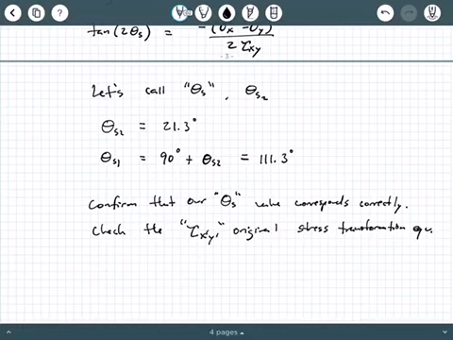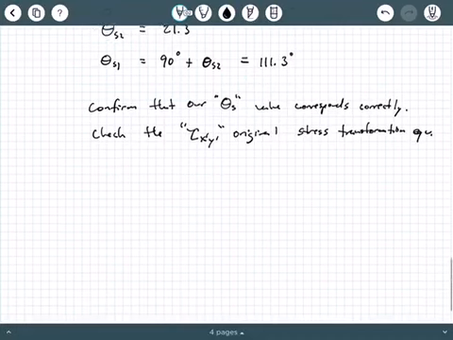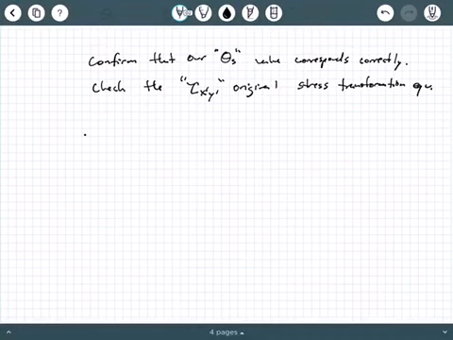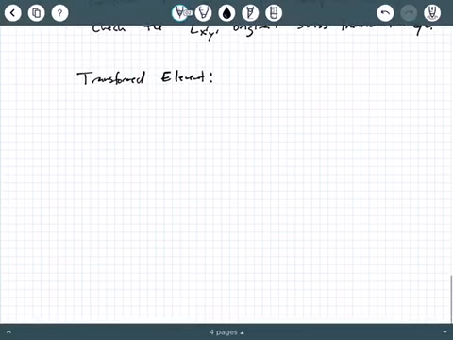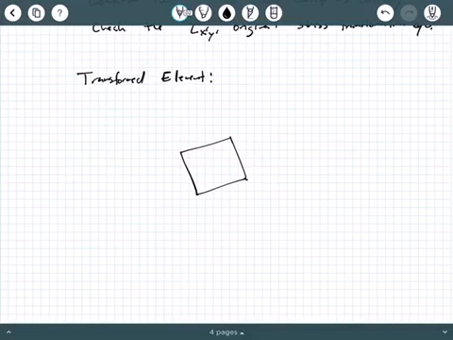In order to do that, you can check the tau x prime y prime original stress transformation equation. I'm not going to show all of this because, again, like I said, it's the same general process as principal stresses. But you need to show it on an assignment.